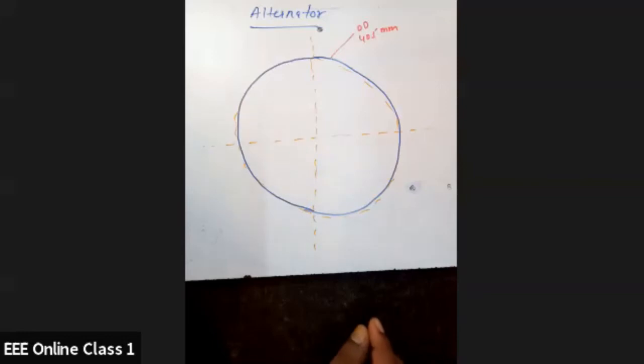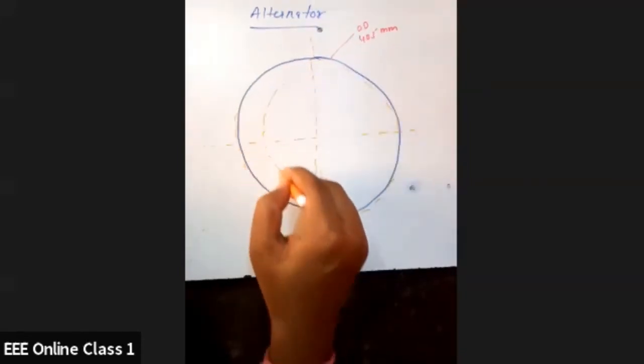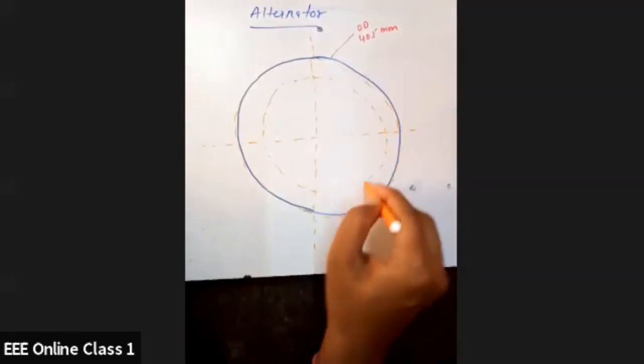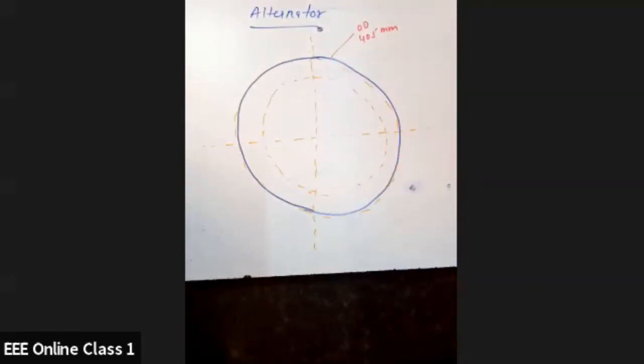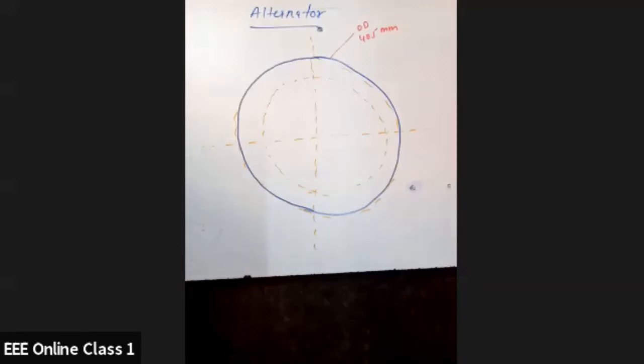Now it is given, inner diameter. Inner diameter is 240 mm. Some reference I'll draw, and here my slot dimensions will also come. And there is a housing OD. Housing OD means the cover of the alternator. So I'll complete that part first.